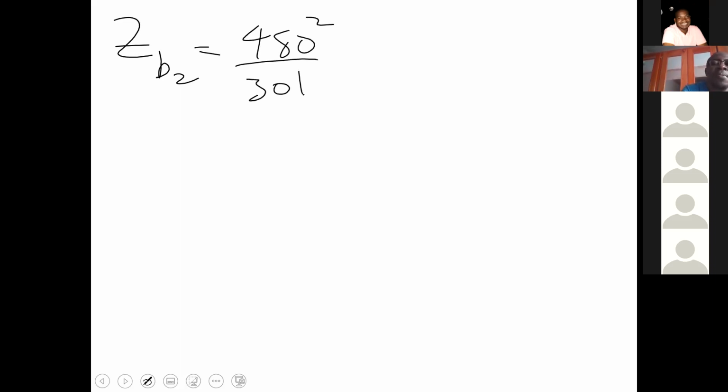And Z base in zone 2 would be equal to V squared over S. So that would give us 480 squared over 30k. Work that out, please. 7.68. So I have 7.68 ohms.